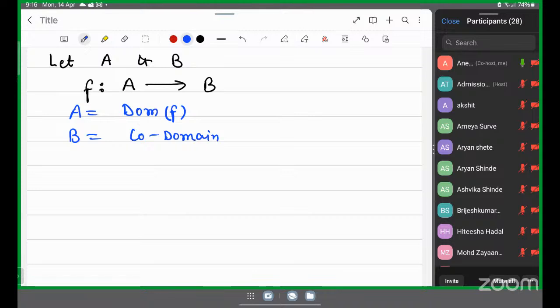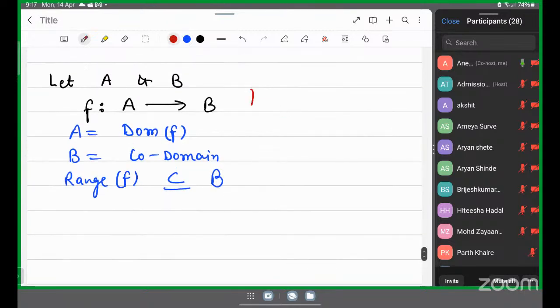Codomain may or may not be equal to range of the function. But it is clear that range of function f will definitely be a subset of codomain. Range can be taken as codomain. Range is a subset of codomain.